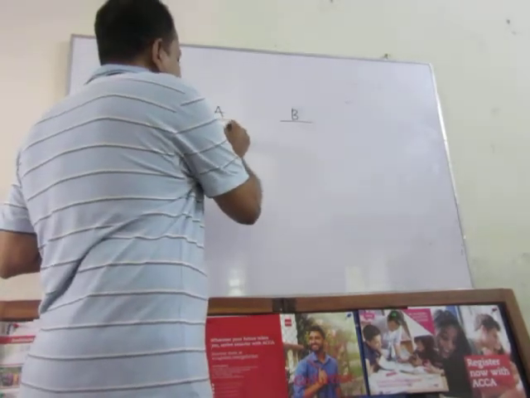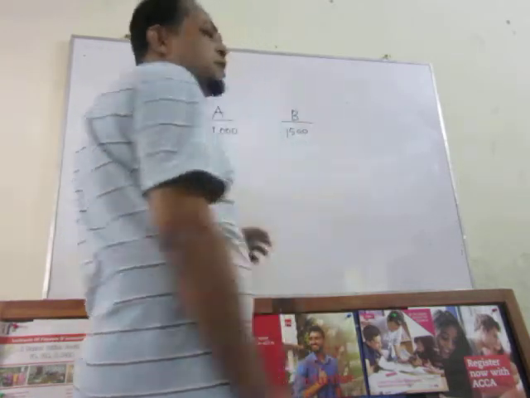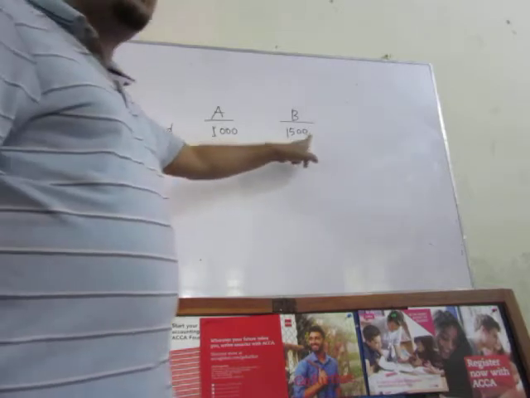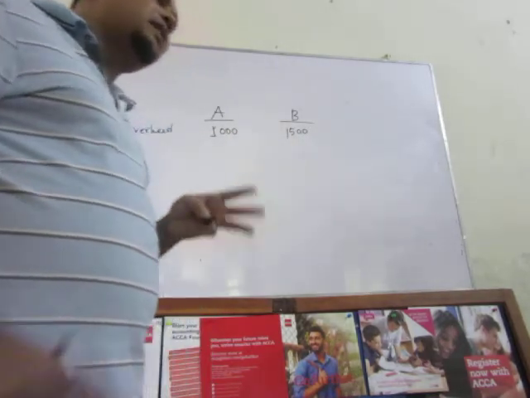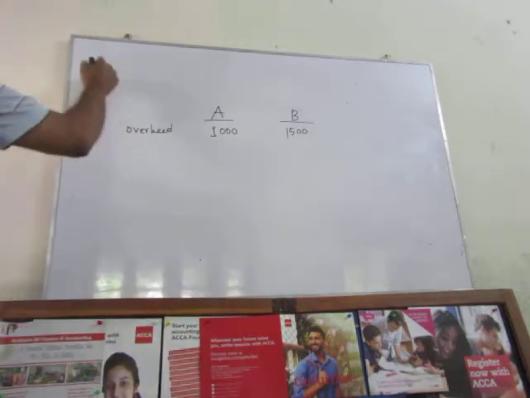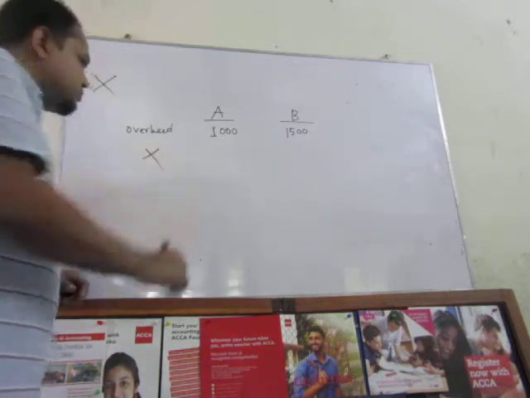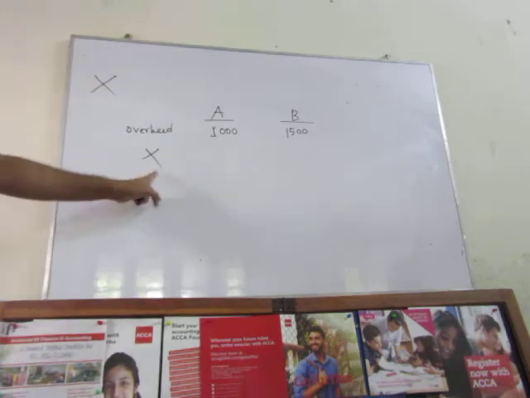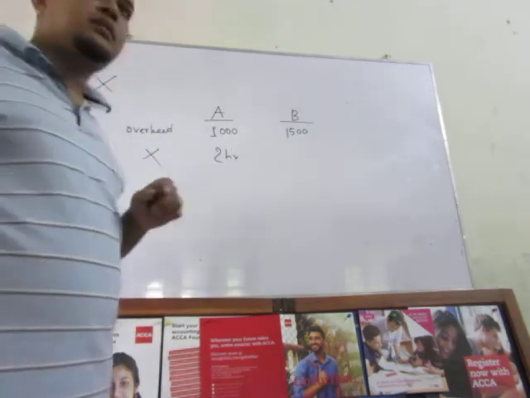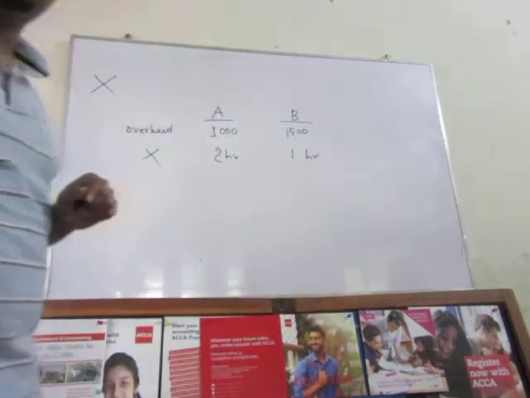This department overhead is $1,000 and this department is $1,500. Then, as for example, these departments are producing product X. To produce product X, this department is involved in 2 hours of activity and this department is involved in 1 hour of activity.